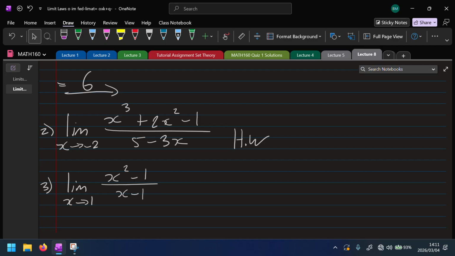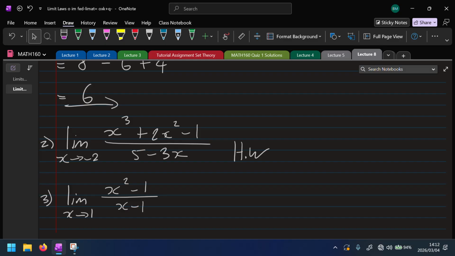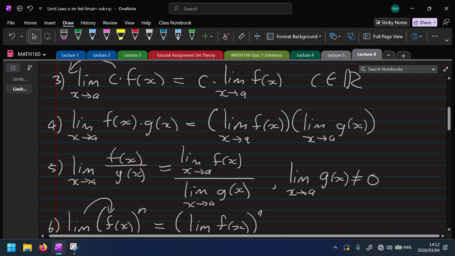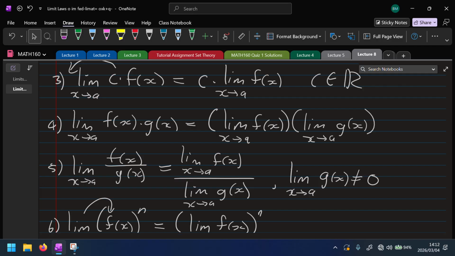Ignore the top part, the bottom. The limit as x goes to 1 of x minus 1. 0, thank you. Okay, the bottom part's going to be 0. What did we say was an issue when we used limit law number 5? The bottom cannot be 0. So we need to do something about that.